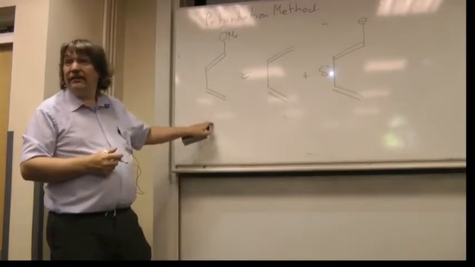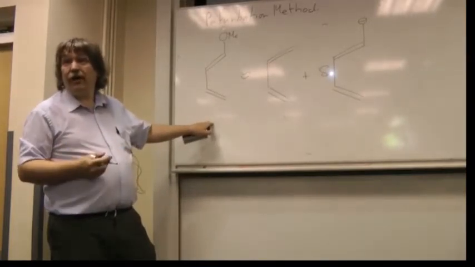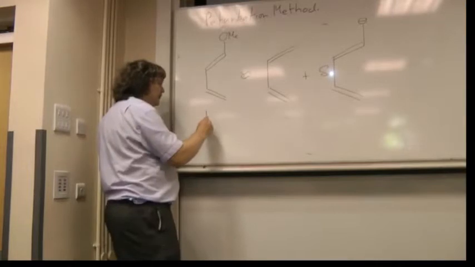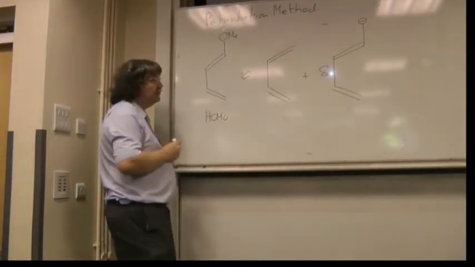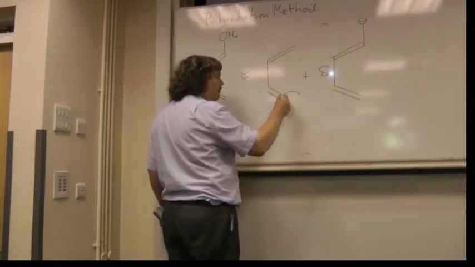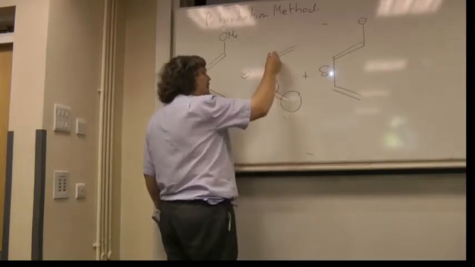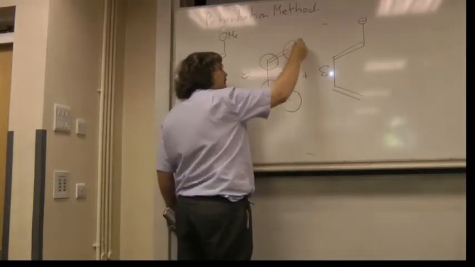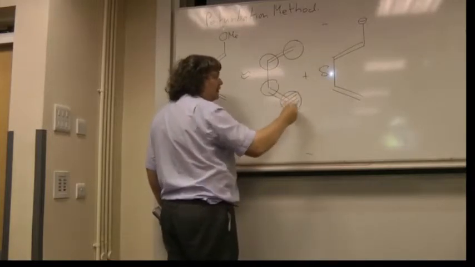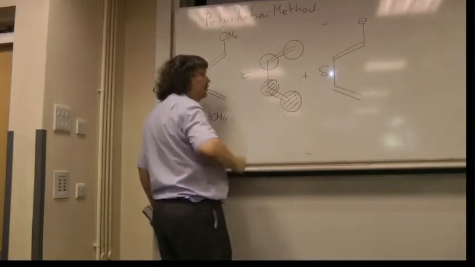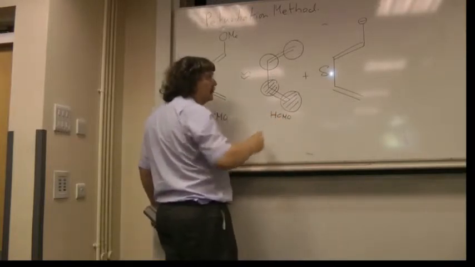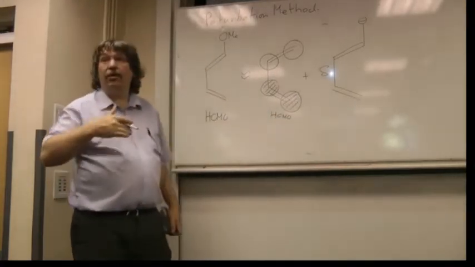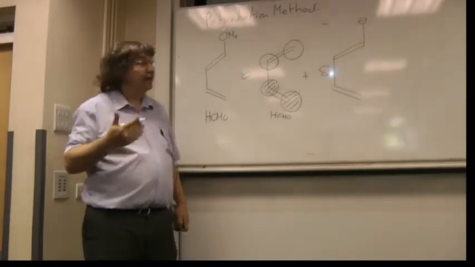Now, it's a diene, it's electron rich, so I really want to know about the HOMO. The question is, what is the HOMO of that system? Well, the HOMO of butadiene is the second orbital up, so it's the one with the single node. So that's the HOMO of butadiene. What is the HOMO of the pentadienyl anion?